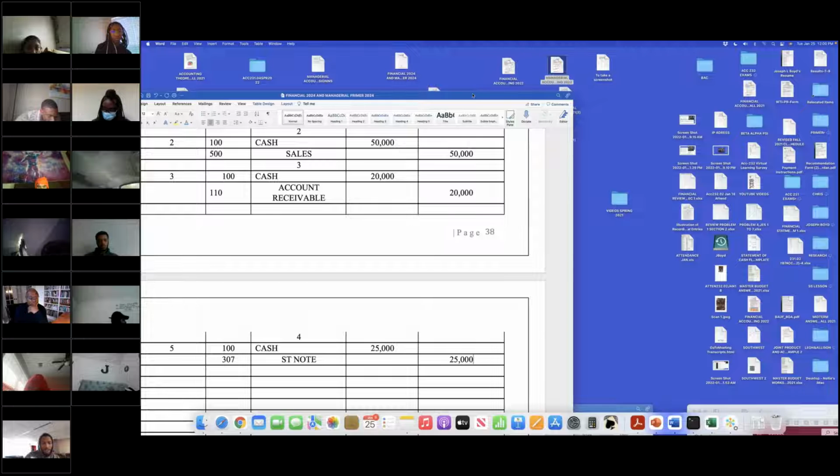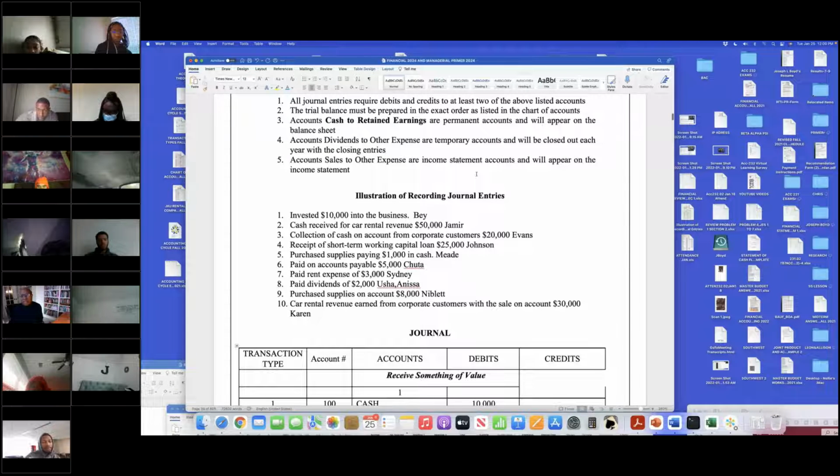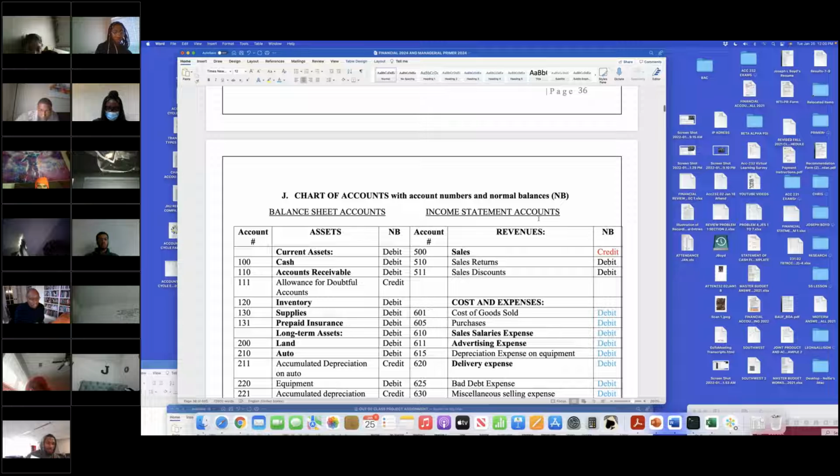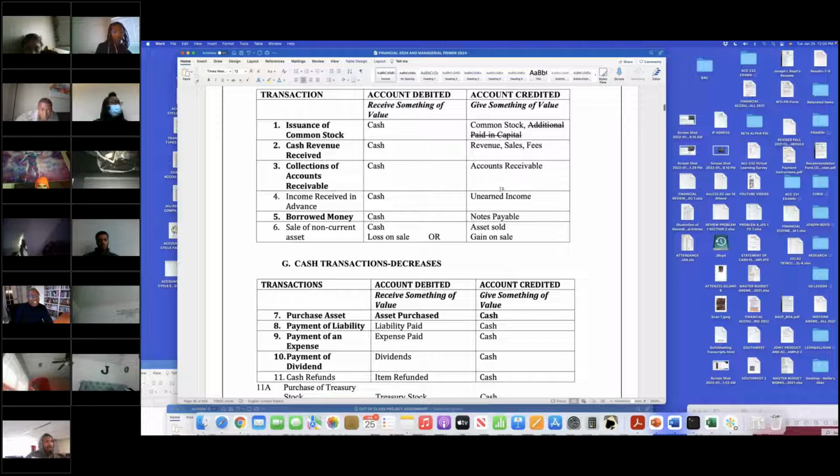Okay. We purchase supplies paying cash. What is our type? It's a type 7 where you debit supplies and credit cash. Thank you, Curtis, but you can be quiet now so we can let the new people do it.